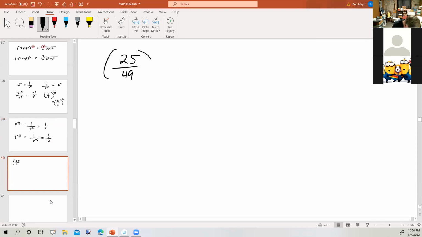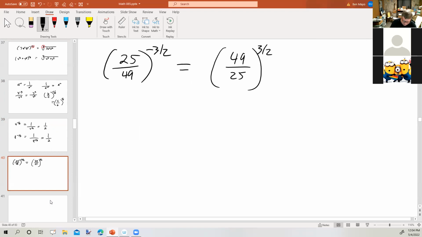How about this one? 25 over 49, all to the negative 3/2 power. So that would become 49 over 25, all to the positive 3/2 power. And that would be 49 to the 3/2 power over 25 to the 3/2 power.